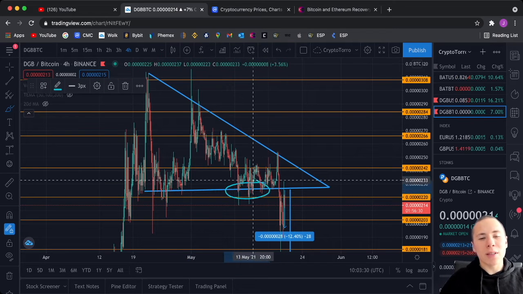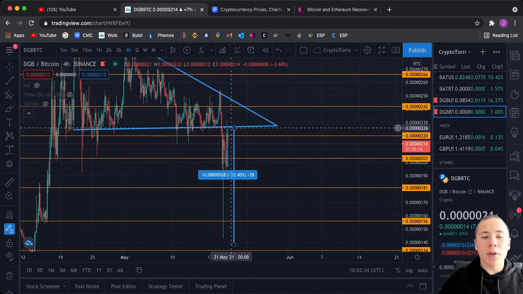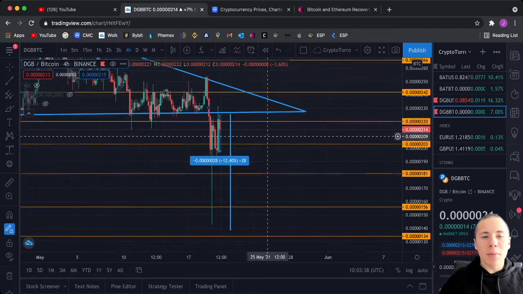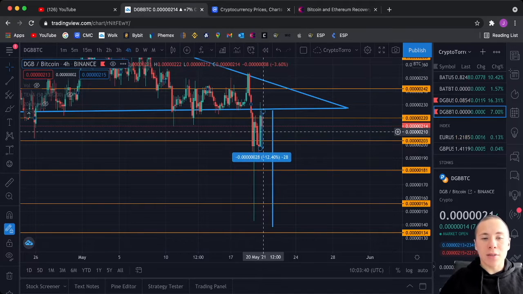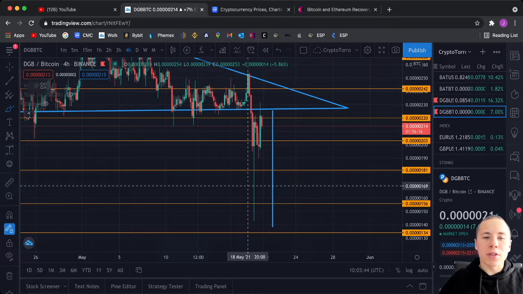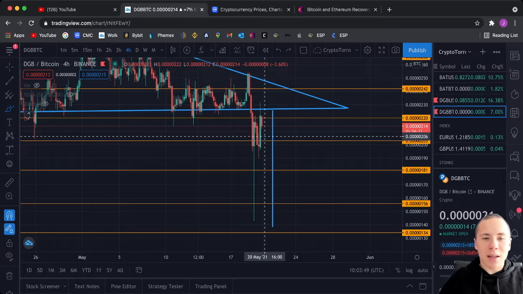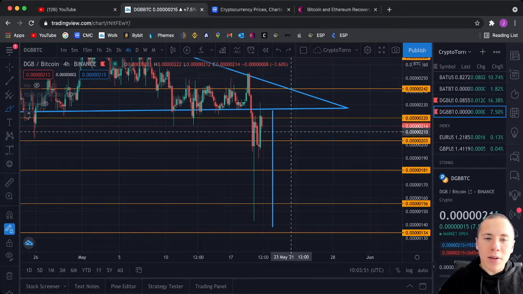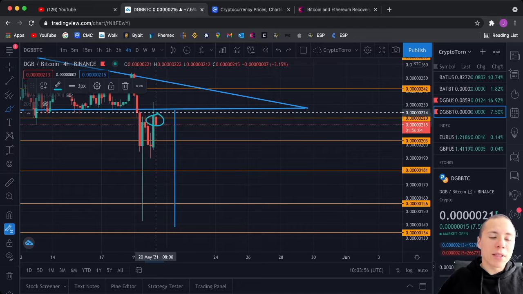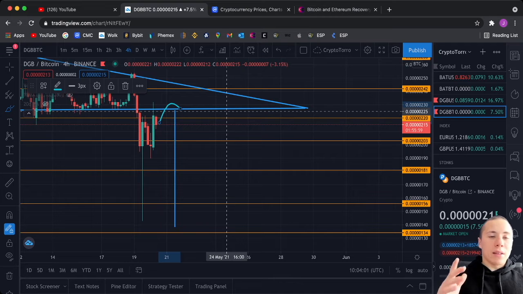So this was a real significant pattern, and the possibility for Digibyte to break out even further towards the downside was very real. So I'm glad that Digibyte found enough strength to stay above this level of support, where it found support right on top of this level, and is currently underneath this level of resistance and trying to break once again inside of the previous descending triangle.